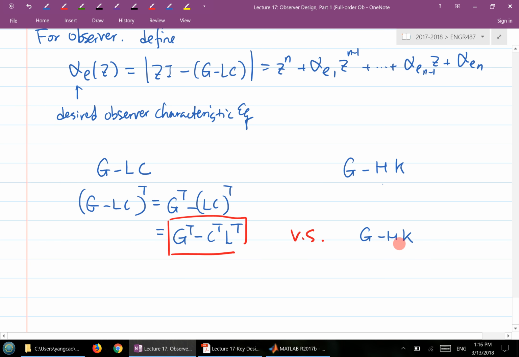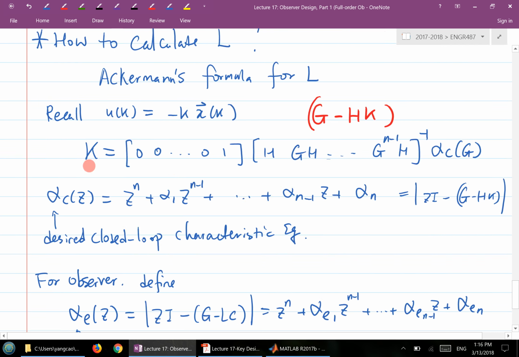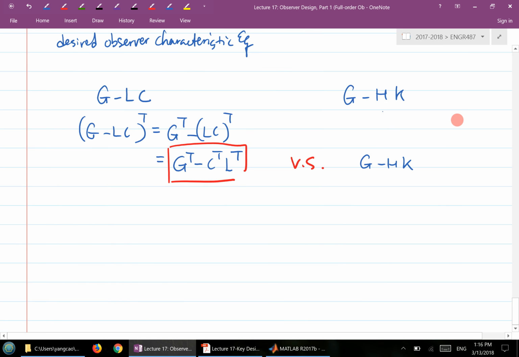Based on these two comparisons, and your calculation of K with this formula, I'm going to do a little bit of mapping. G transpose maps to this G, and C transpose maps to which one?